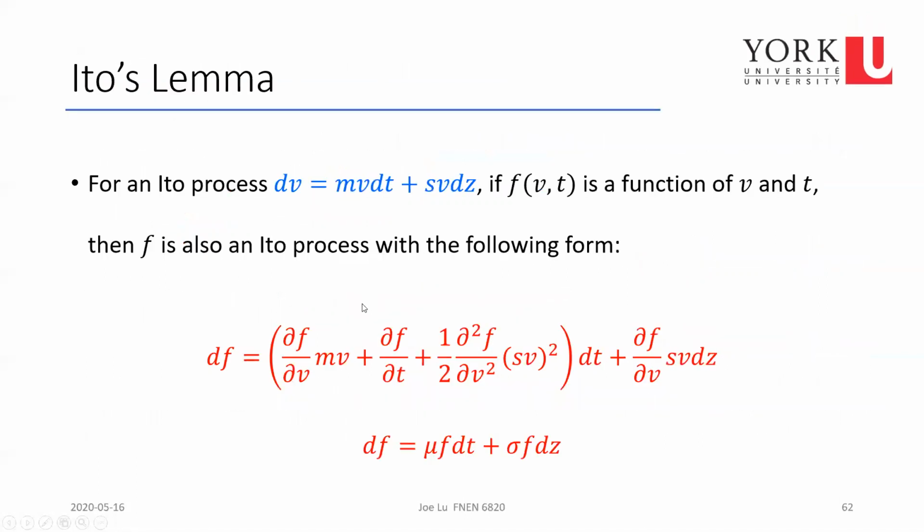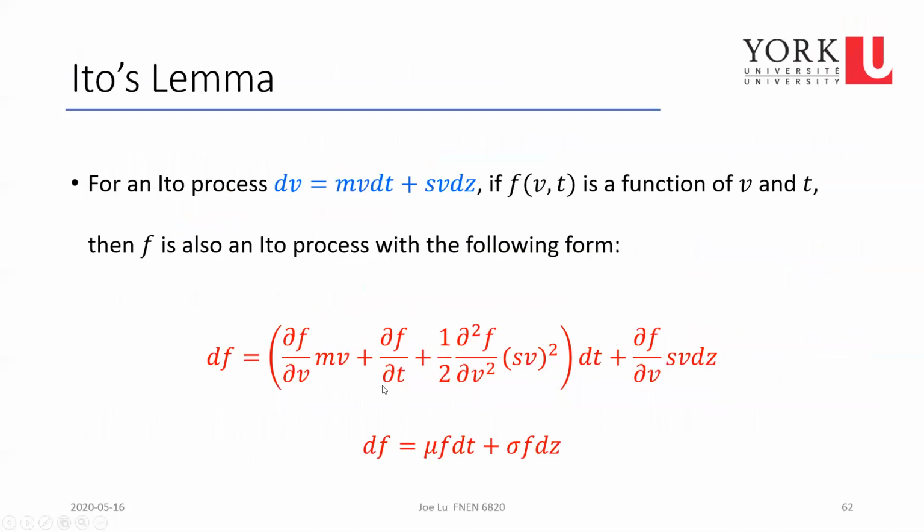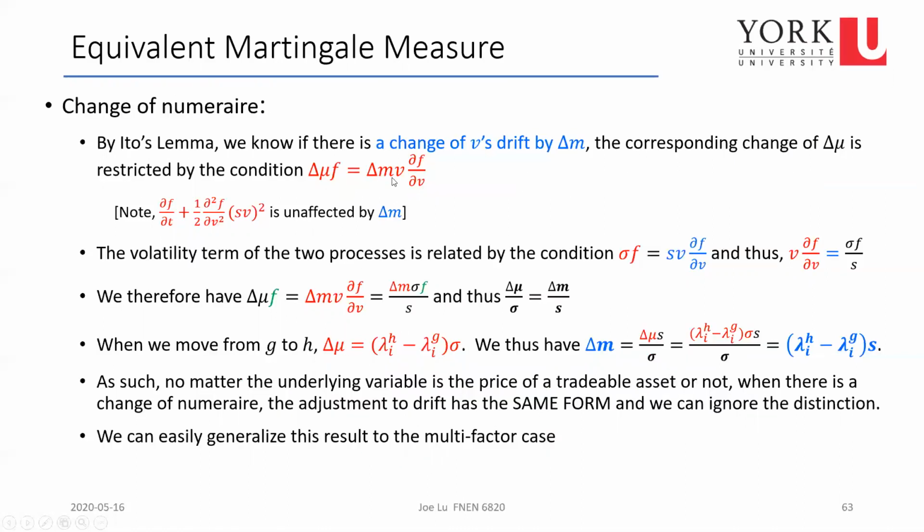So once you have done that, it provides a linkage between the two. Then for any change of m, if you replace this with a delta m, how is the change of m going to translate into the change here? Your change of the drift for this is really just the change of m times V times this partial derivative here.